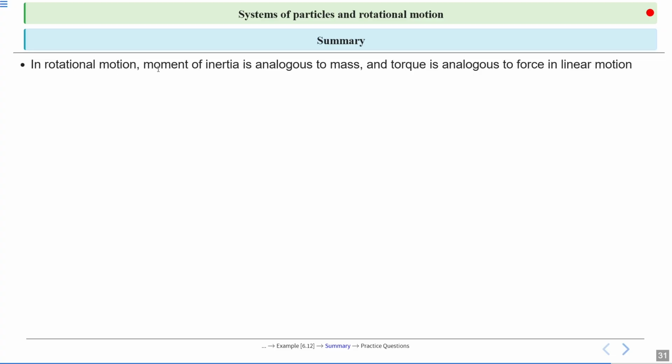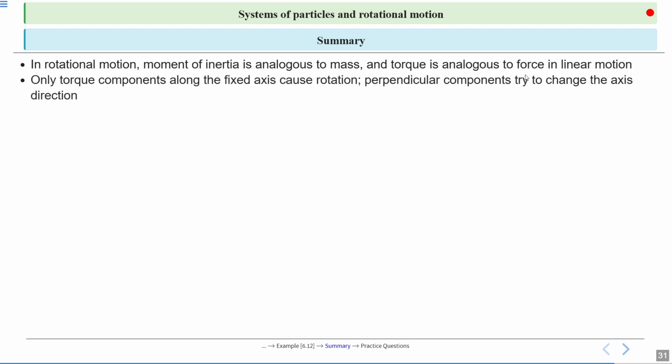In rotational motion, moment of inertia is analogous to mass and torque is analogous to force in linear motion. Only torque components along the fixed axis cause rotation. Perpendicular components try to change the axis direction.